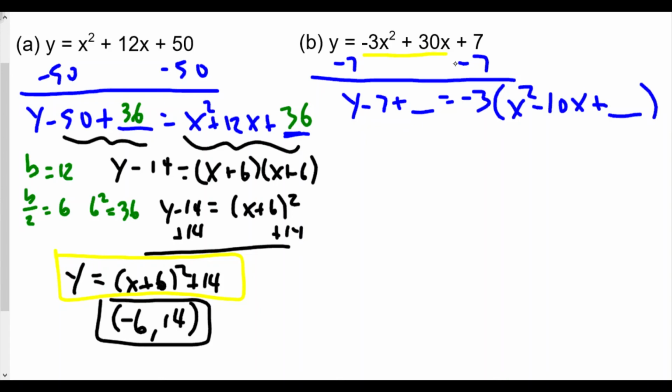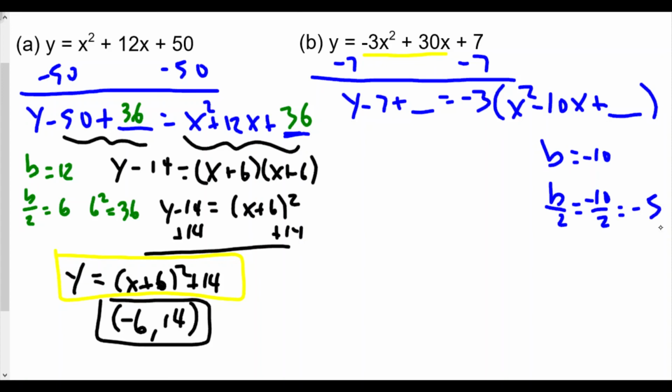Okay, and then parentheses inside. Now, whatever I put in the parentheses on the right side, it's not the same value on the left side because I'm multiplying everything by -3. So my b value in this case is equal to -10. So here, b over 2 is equal to -10 over 2, or -5.